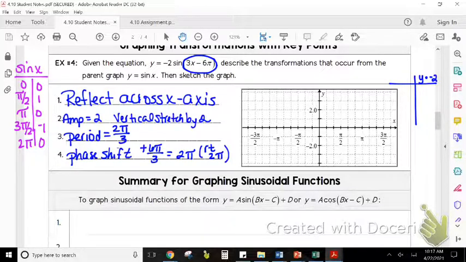Sorry, I had to pause the video there for a minute, so I'm not exactly sure what the very last thing I said was, but I know we were talking about the 3x minus 6 pi when we're dealing with our x's here, and so remember we do everything with x backwards. So that means we're going to take our x, we're actually going to add 6 pi to it, and then we would divide it by the 3. Which means it's the same thing as saying the x plus the 6 pi, and then multiply it by the reciprocal of 3, which is just the 1/3.